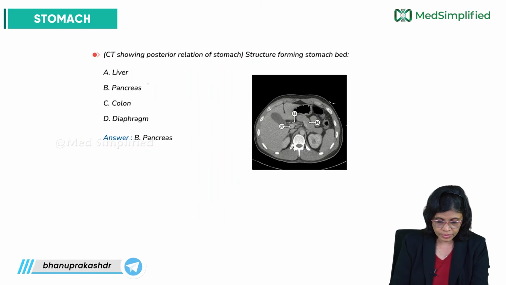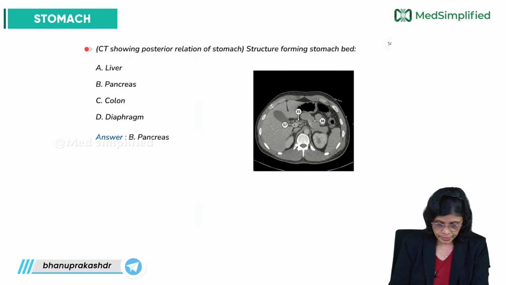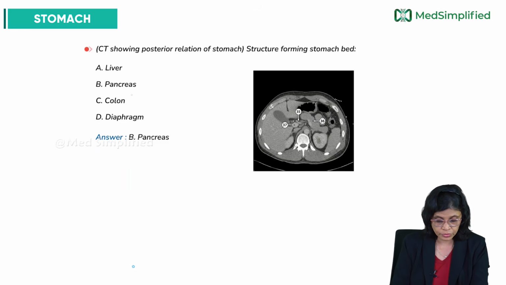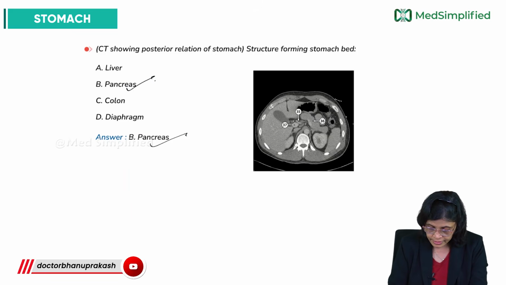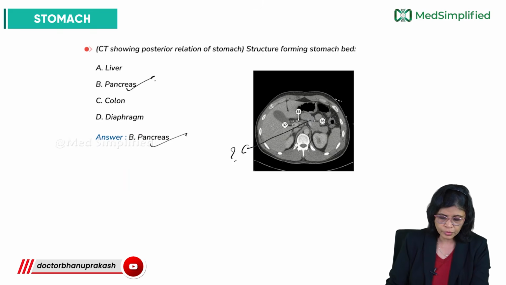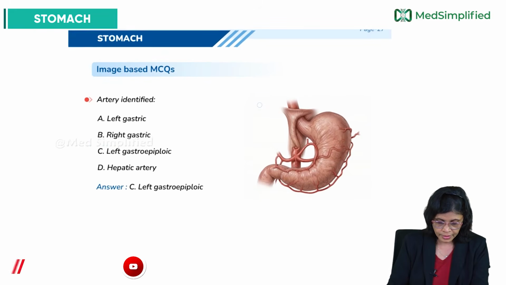Among the structures here, the liver doesn't form it, pancreas, yes, colon, the left part of the diaphragm. So the more likely we can choose is the pancreas here, and that is what actually is pointed here. So pancreas should be the right answer.